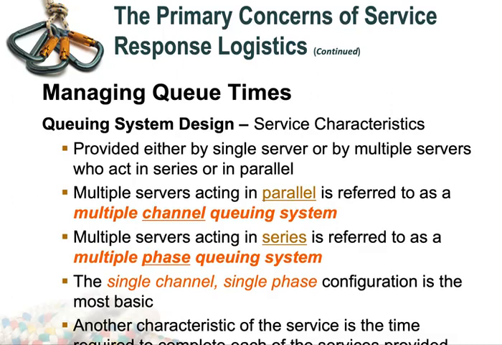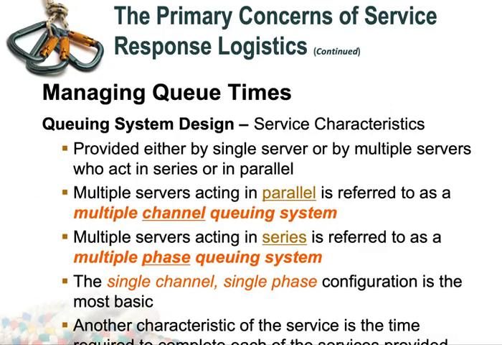One example is if you go to an office for administration work, so you want to get a stamp, for example, for your documents, and then you follow five processes. Each process is done by one person, so in series.